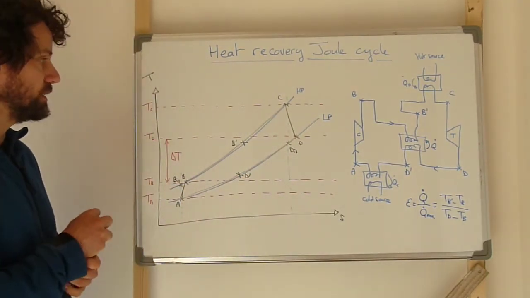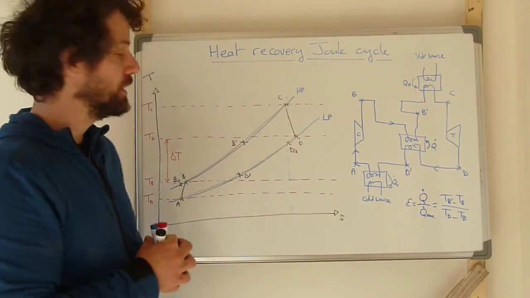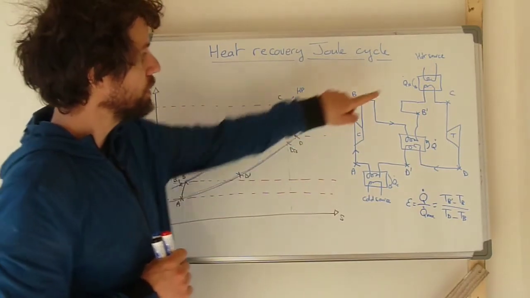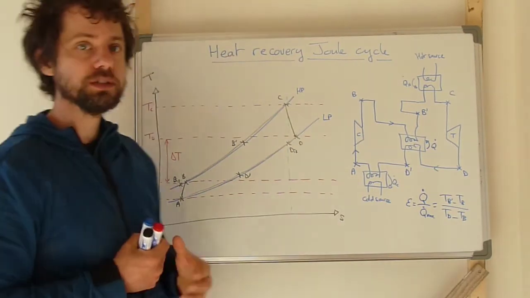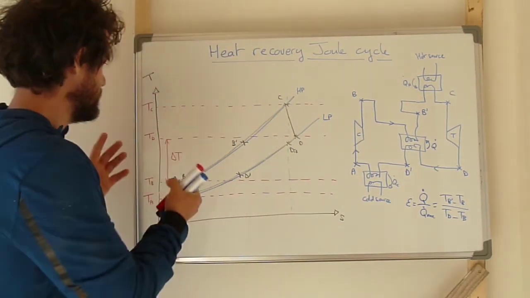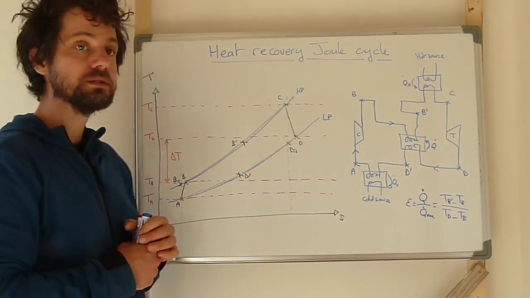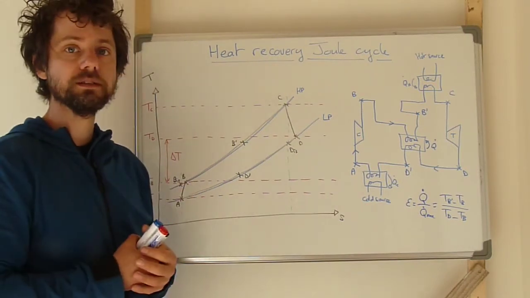In that case, we decrease a lot the heat that is needed from the hot source in order to bring B prime to the temperature of point C. So this strategy allows to increase quite a lot the whole cycle efficiency.